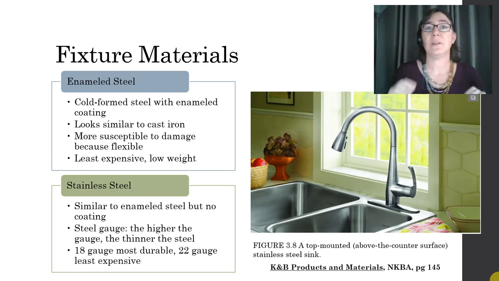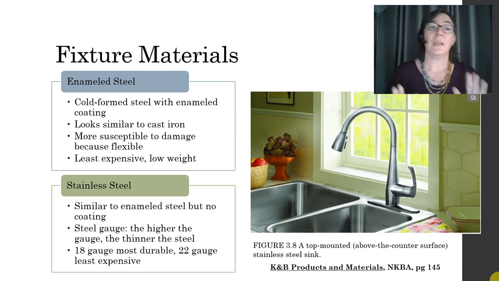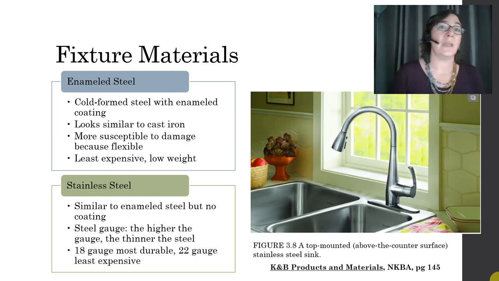So the enameled coating on these enameled steel fixtures is much thinner than the enameled coating on a cast iron fixture, but it looks very similar, right? But the steel itself underneath is flexible, and so that enameled coating is more susceptible to damage. The enameled steel fixtures are often the least expensive choice, and they're low weight.